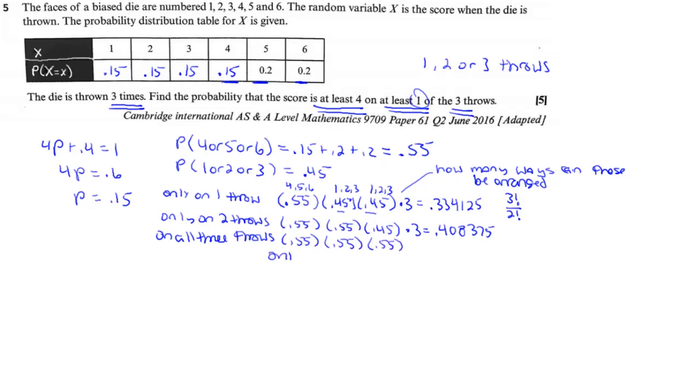Well, that can only be arranged one way. So I just don't have to multiply that by anything. I'm just going to multiply them together. And I'm going to get that probability of 0.166375. And now all I've got to do is add all this up, because they're all instances in which I'll be happy with. The probability would be 0.908875. Okay, let's go on to the next one.